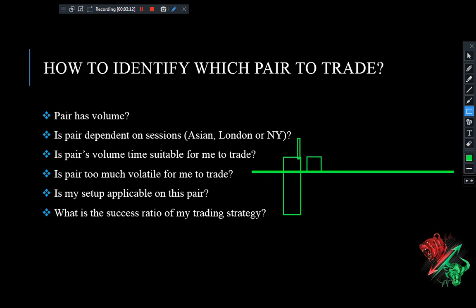It retests this area, we have a confirmation candle, and in the next candle I trade. The success ratio of my trading strategy, or how many times the market moves this specific way, is 70 to 80%. So make sure that the strategy and setup you are going to trade is successful in the time frame and on the pair you are going to trade.